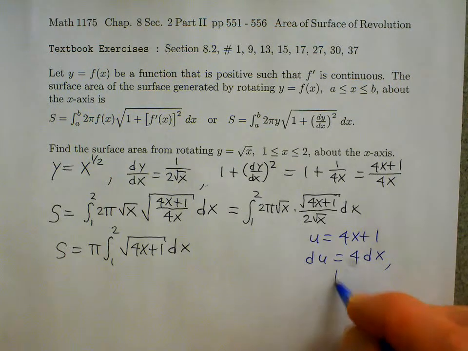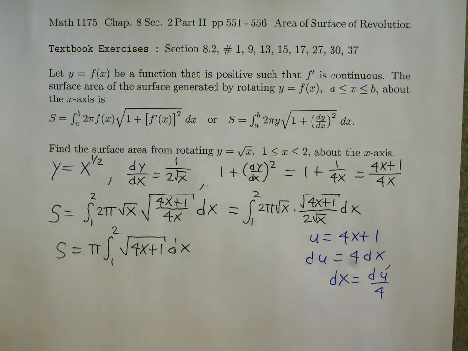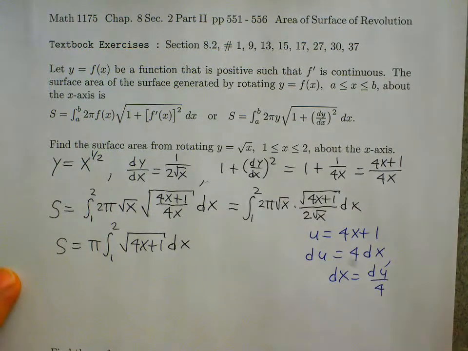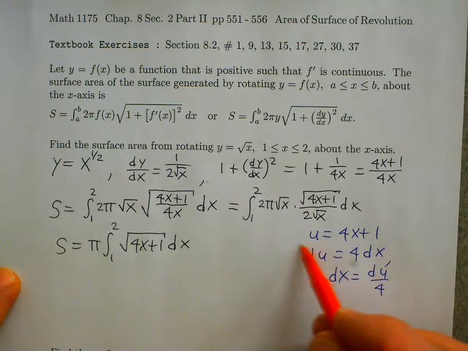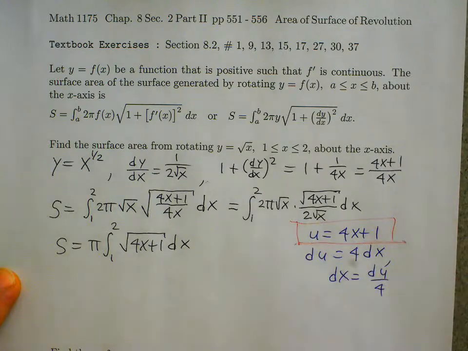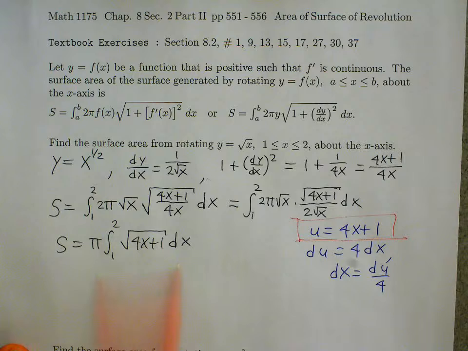And that means dx is du over 4. So we might as well do this. There might be some things about the substitution rule that not everyone is completely aware of. So let's go ahead and transform this.